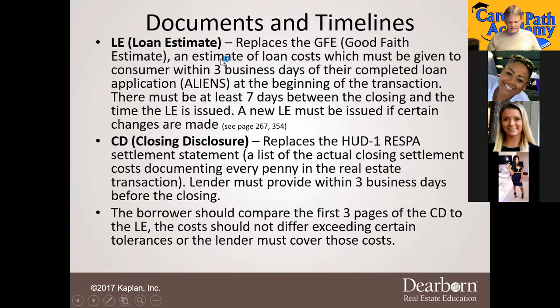And then you wrote replaces the GFE, the good faith estimate. You guys have to know what's on this slide in front of you. You need to know the new document's name, what it does, and what is the old document that it replaces. And you need to know the timelines that the lender is required to give it for both the school and the state exam.